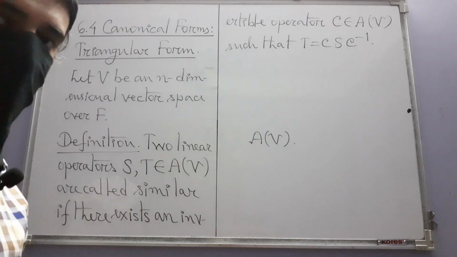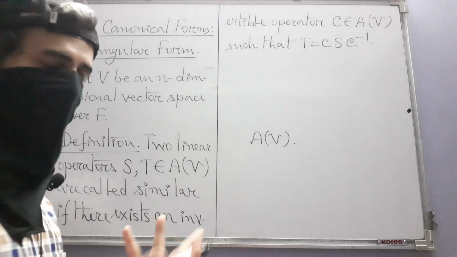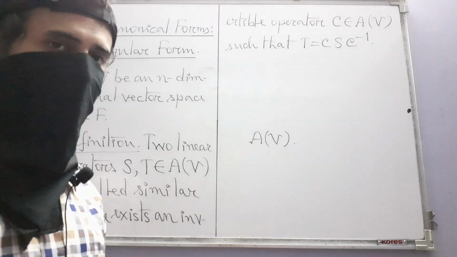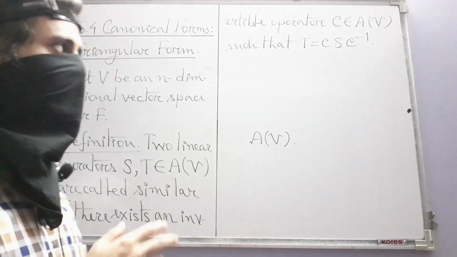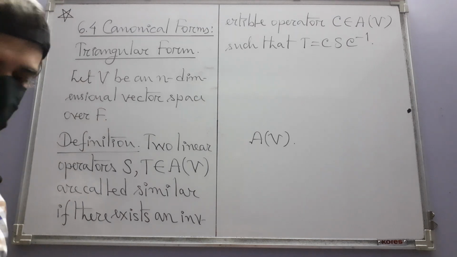Actually, you can write C inverse CS also, nothing essentially changes. Okay, so when such an invertible operator C exists such that T is CS C inverse, then we say that S and T are similar.